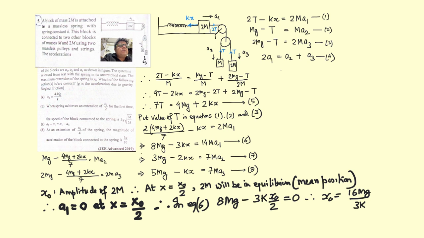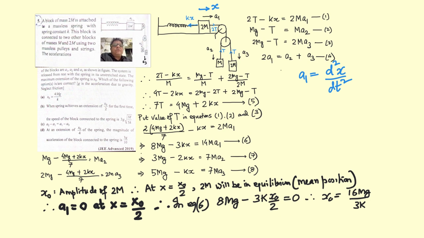See, here I haven't done much. The tension is T in both, so here it will be 2T. This spring is stretched from its free length, so the spring goes by x, and we can write a1 as the double derivative of x with respect to time.